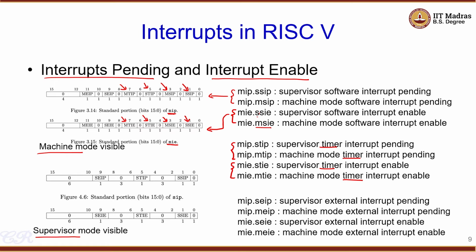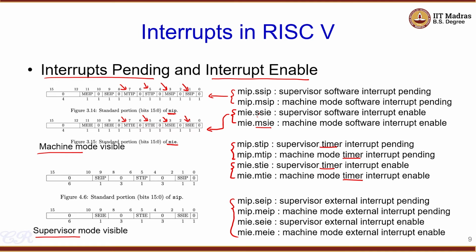Finally, we also have 4 more bits corresponding to enabling external interrupts. These are like hardware interrupts in machine mode and supervisor mode, and also identifying if there is any interrupt pending, either in machine mode or in supervisor mode.